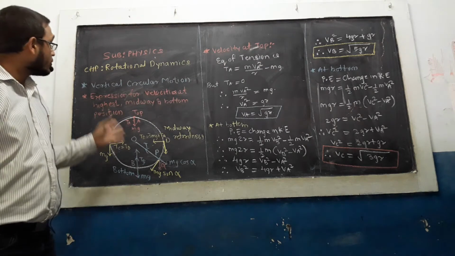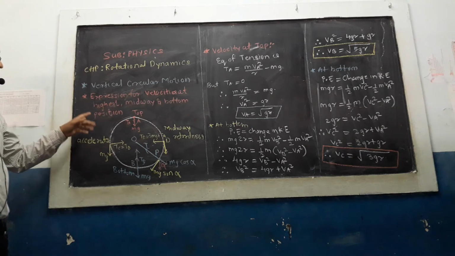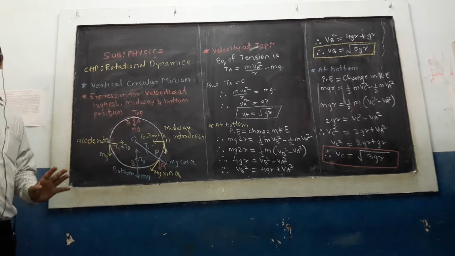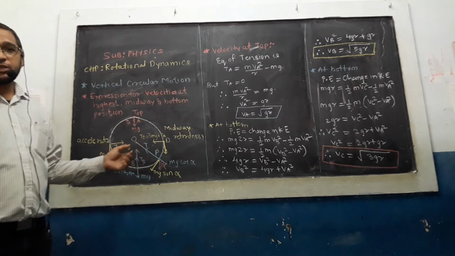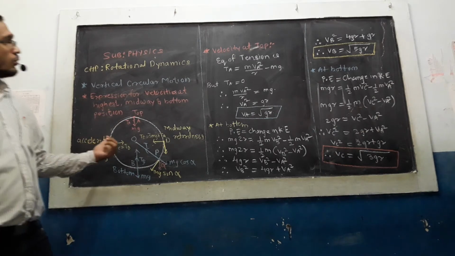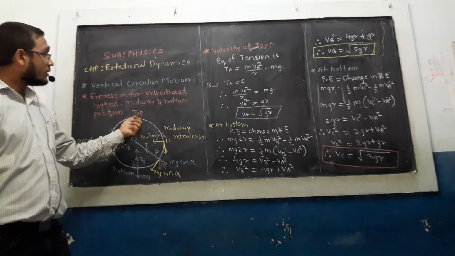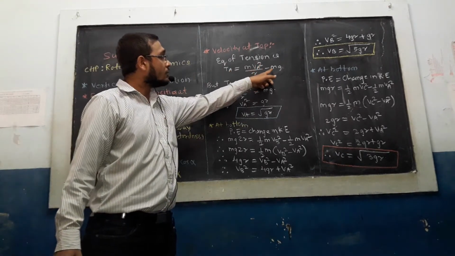Now we are going to see the next derivation, the expression for velocities along highest, lowest, and along midway. As we have derived the expression for tension in the previous derivation, what is the expression of tension? Tension at point A is TA equal to m VA square upon r minus mg.